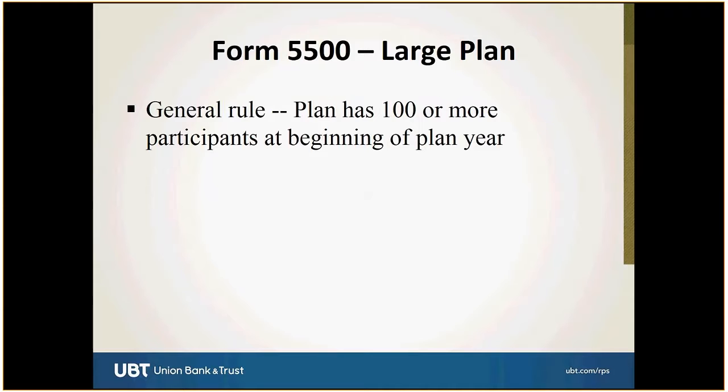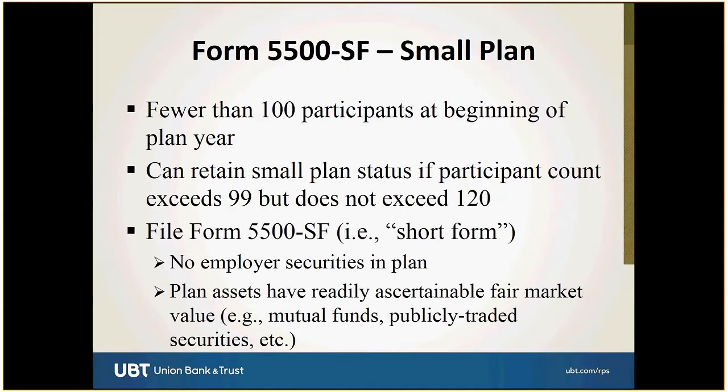That person might never have an account balance in the plan, but because that person's eligible to participate in the plan, that person is included in the participant count in determining whether that plan is going to be a large plan filer or a small plan filer.